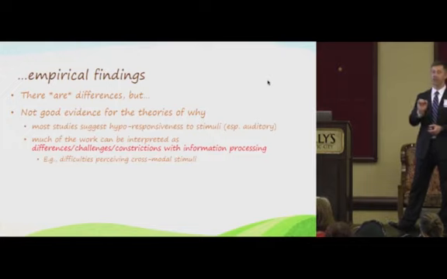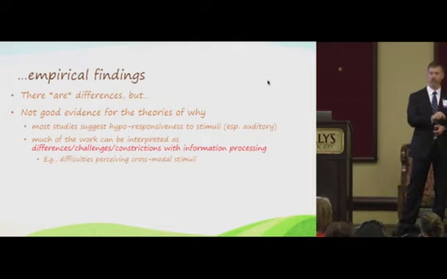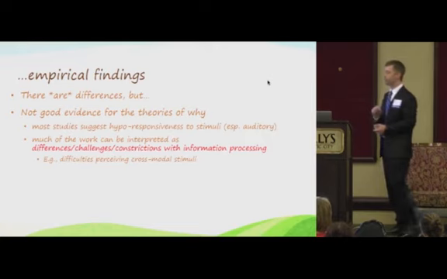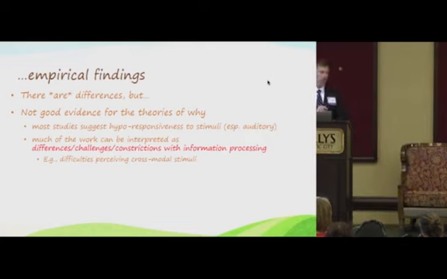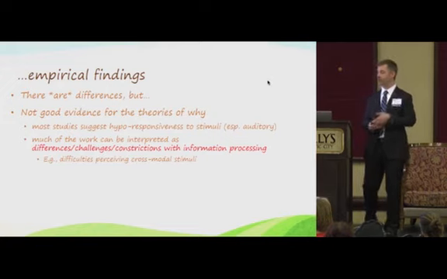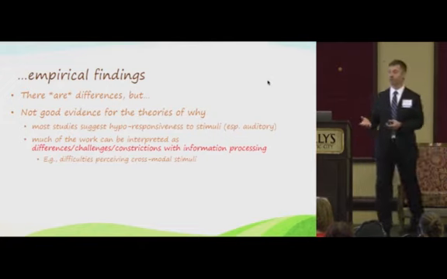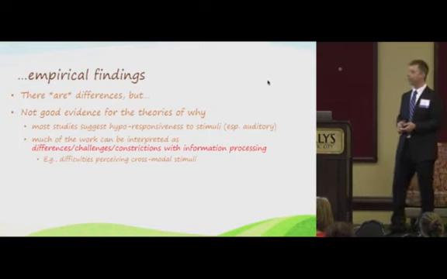So it's not necessarily the senses themselves that are different, but it's what the kids do with that information. So they seem to have difficulties with processing sensory information, and some kids have more difficulties with auditory, some kids have more difficulties with visual information, but it comes down to processing it.